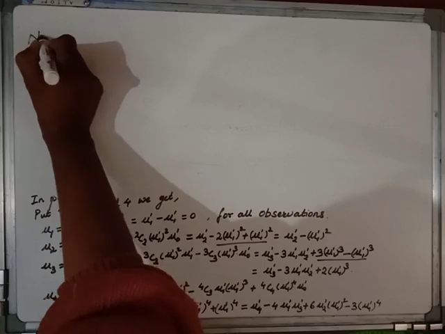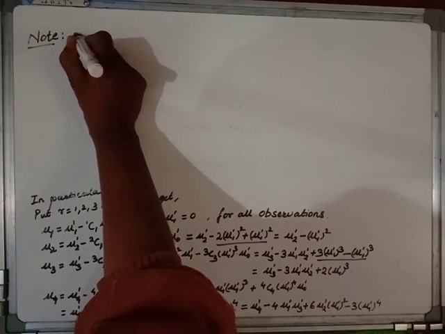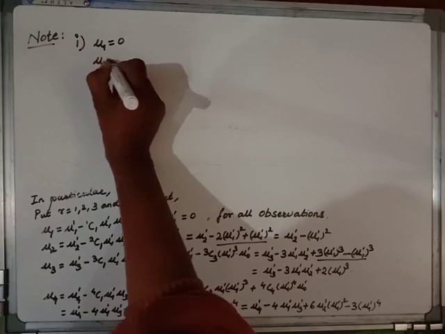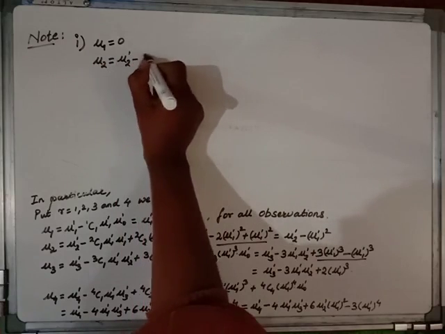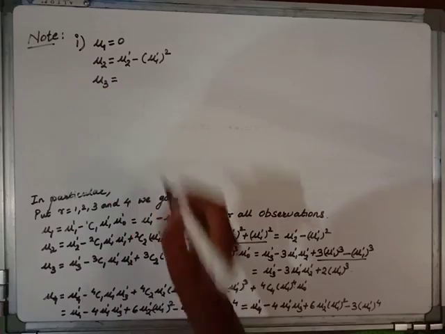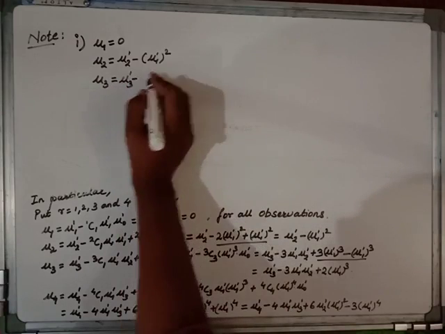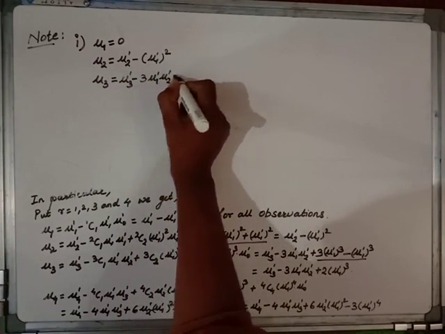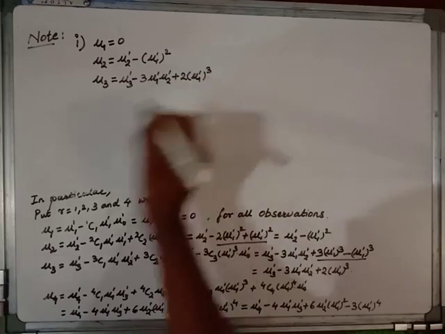So note here, always remember: mu1 is 0. Mu2 is mu2 dash minus mu1 dash square. Mu3 is mu3 dash minus 3 mu1 dash mu2 dash plus 2 mu1 dash cube.